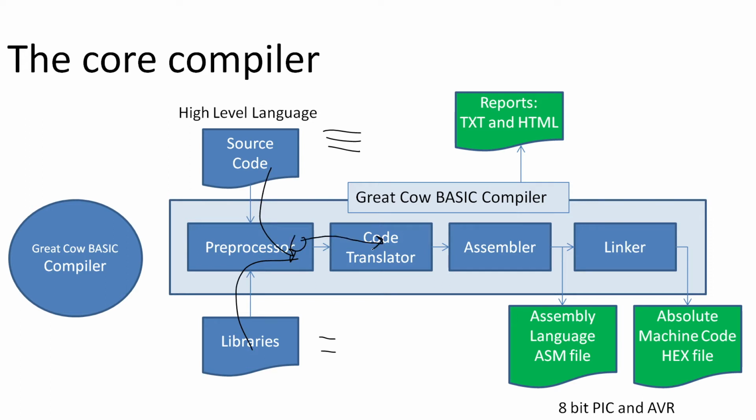It goes to a code translator where it's put in a neutral language, and then we generate the assembly for a specific chip, whatever you specified in your source. It will generate an assembly language file, then link it and put it out as machine code. We saw that yesterday.